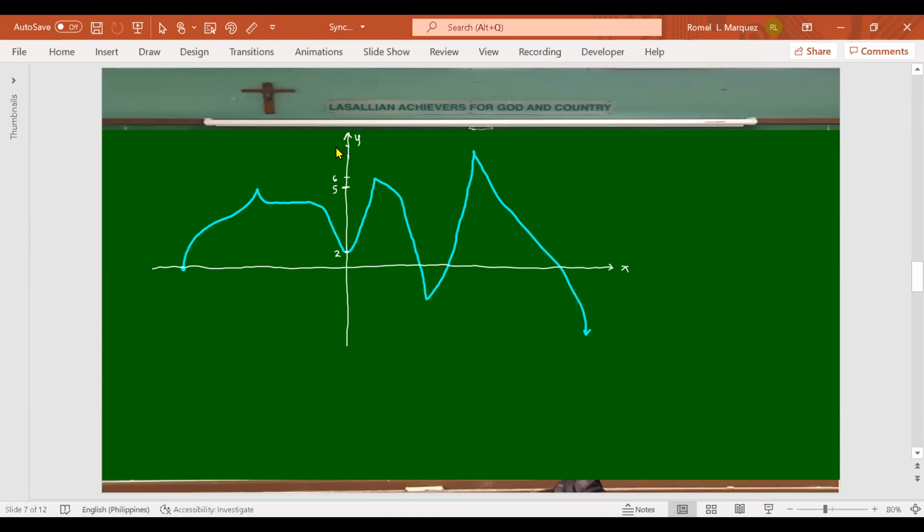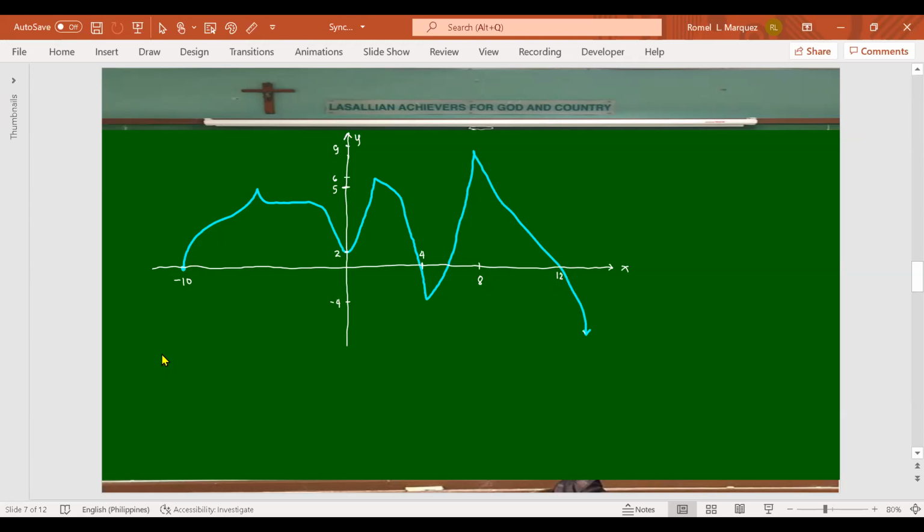This is 9. This is negative 4. And this is negative 10. This is somewhere here, positive 5 or 4. And this is positive 8, and this is 12.